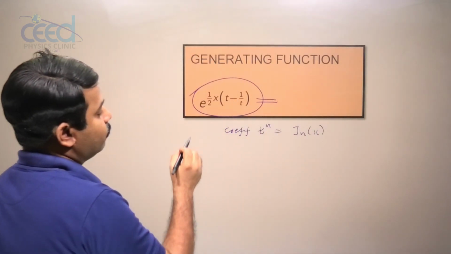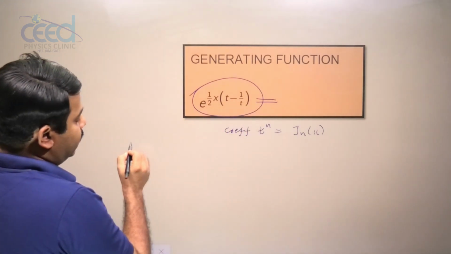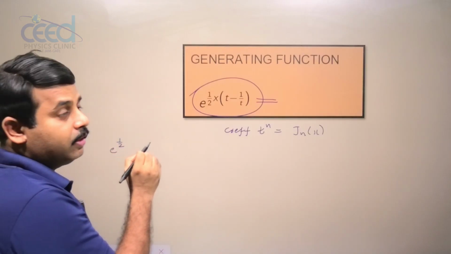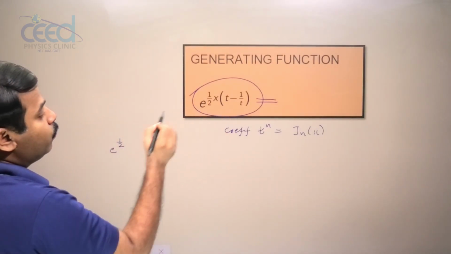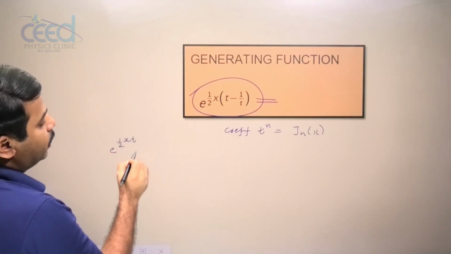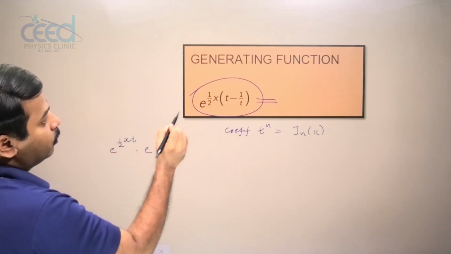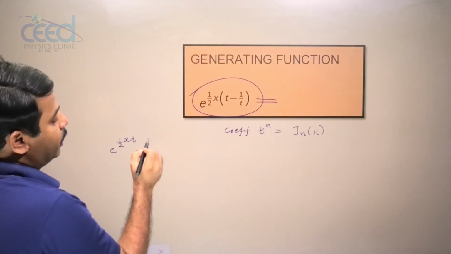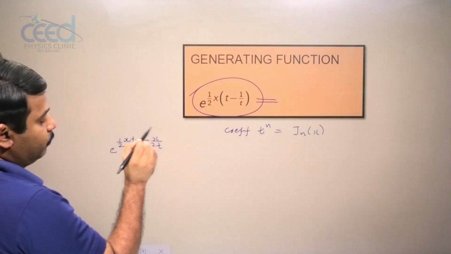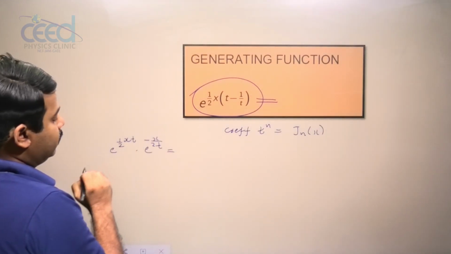You can verify that. For example, I can write this function as e raised to xt by 2 into e raised to minus x by 2t. I split this into two terms. Now how can I expand this?